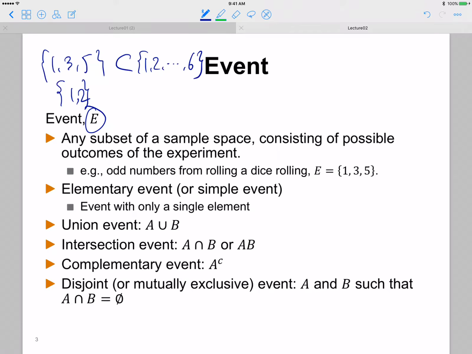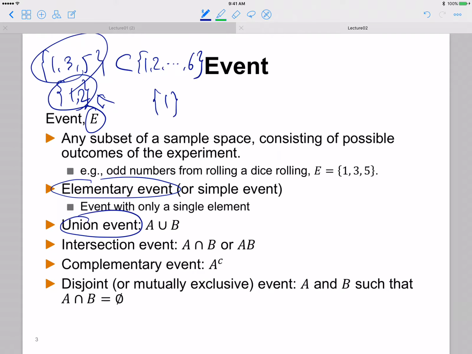Okay, then an elementary event is an event that has only one entry or one element in this subset. So this is an elementary event, but these are not elementary events. And then union event means we simply take the union of these two events.